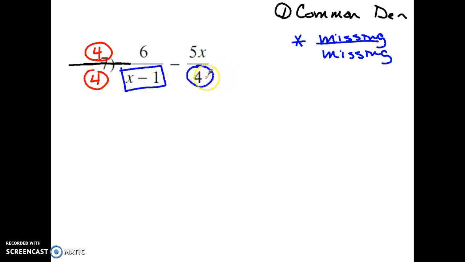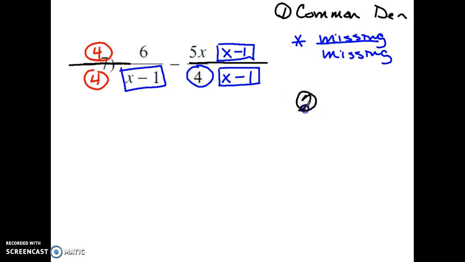On the right hand side, I have a circle but no rectangle, so I'm going to extend my fraction bar, and I'm going to multiply the numerator and denominator by my rectangle. Okay, step 1 is completed.